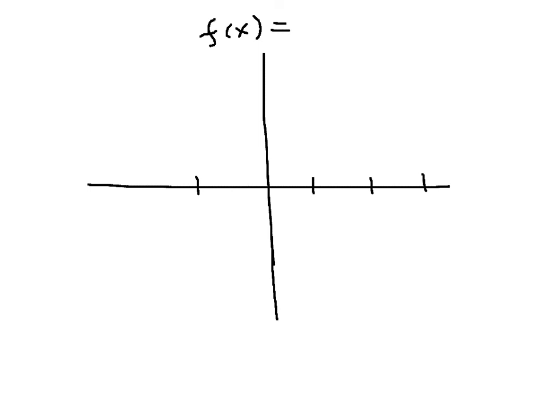Okay, so let's see how good we can do with this. Remember the derivative was 4x cubed minus 12x squared. So that means the function itself is going to be x to the fourth minus 4x cubed plus a constant. Note that when we take the derivative of this, we get 4x cubed minus 12x squared. Now what else did we know? We know that there is a minimum value when x is 3.